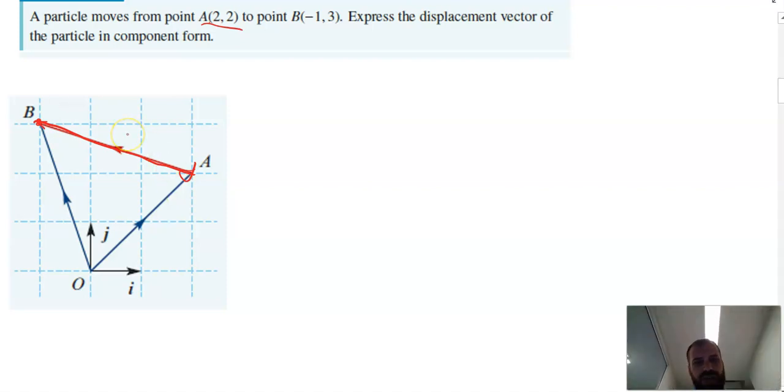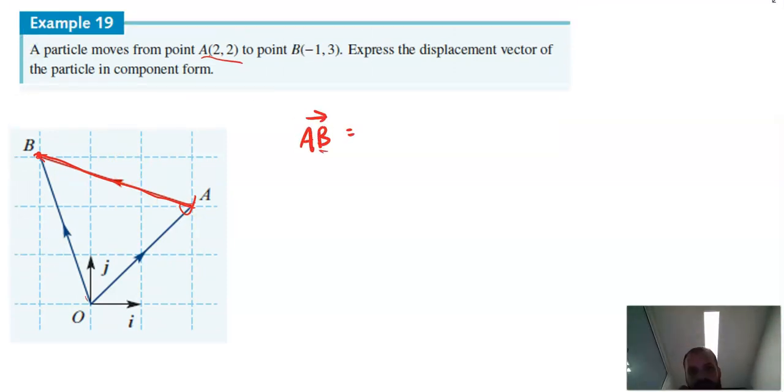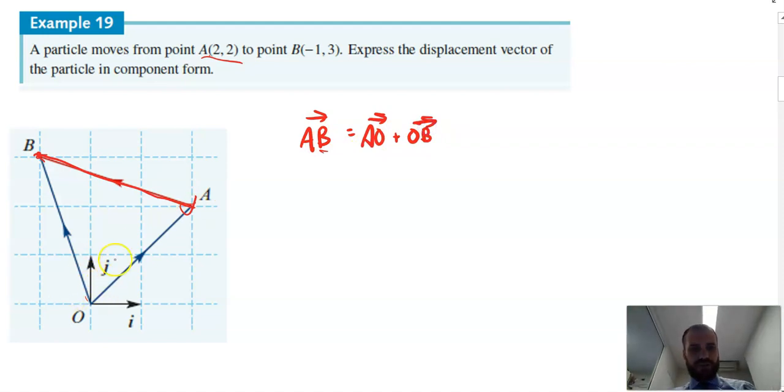So we're trying to find the vector AB. And to find that vector AB, we do AO, so the first letter O, plus O, the second letter B. In other words, we're using the reverse of the first vector, not OA, but AO, plus the second position vector, OB.